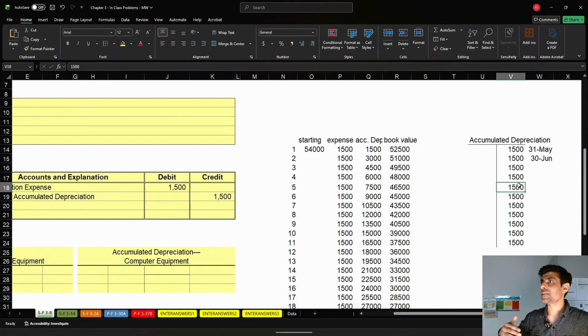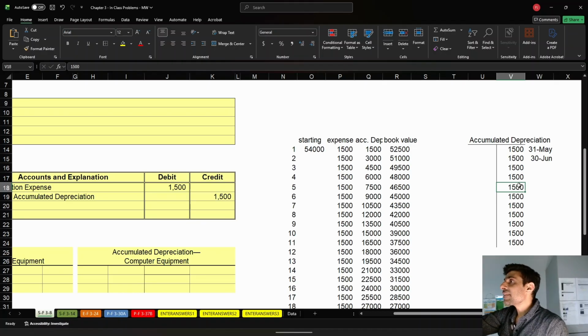Okay? Make sense? So this is a big confusion for students. Depreciation expense and accumulated depreciation. They're two totally different types of accounts. Depreciation expense is an expense account. Every month it goes to zero, zero, zero.